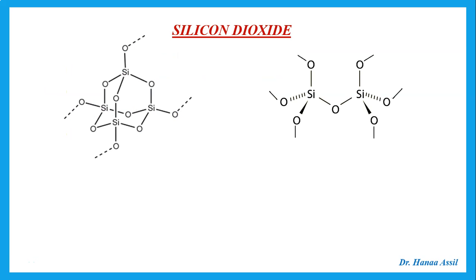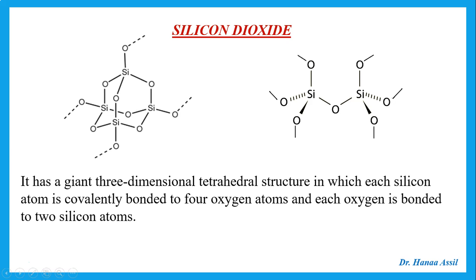Okay, another example of a giant three-dimensional structure is silicon dioxide. So silicon dioxide is a giant molecule with many atoms, but here it is made up of silicon and oxygen atoms. If we are going to describe the structure of silicon dioxide, it has a giant three-dimensional tetrahedral structure.